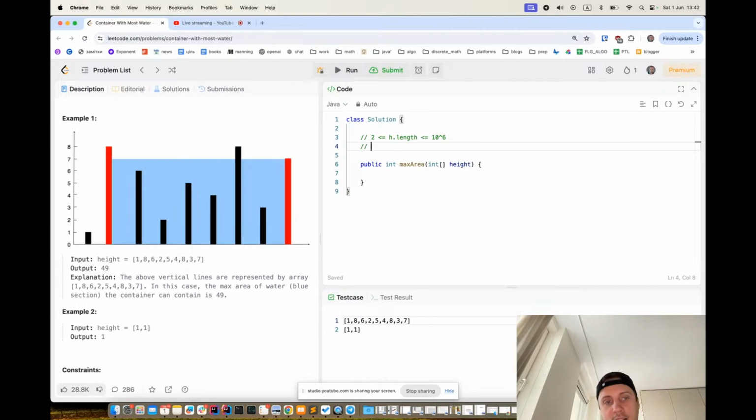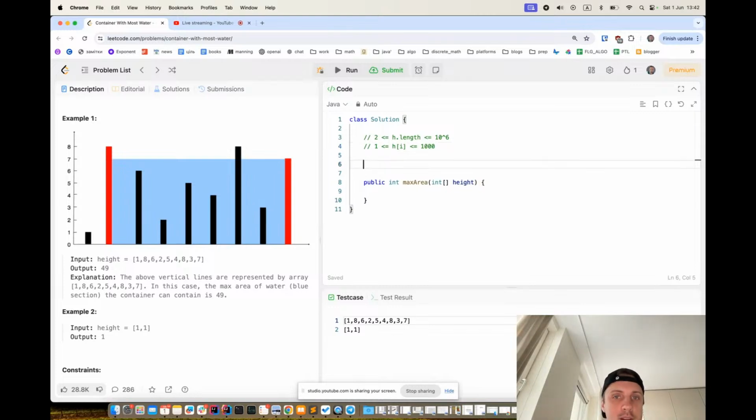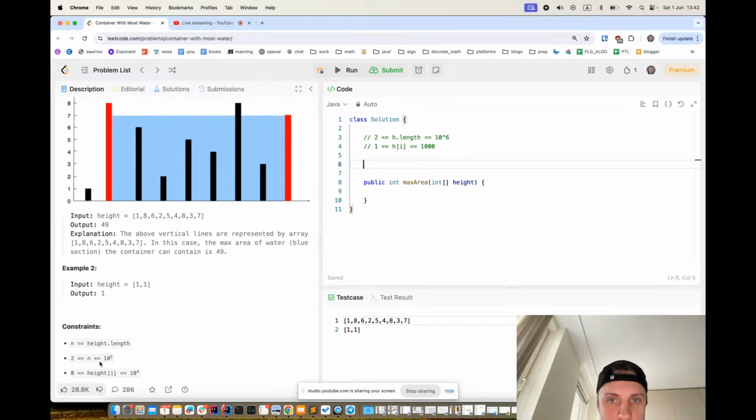And also I expect that every value would be from 1 to, let's say, 1000, something like this. Let's check if my constraint is correct. Okay, so it's almost correct, and here it's also almost correct. Let's think about solutions.